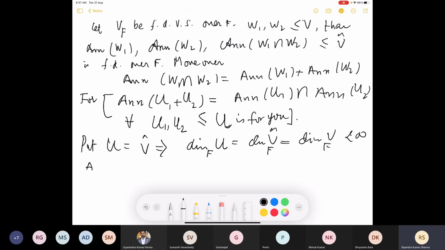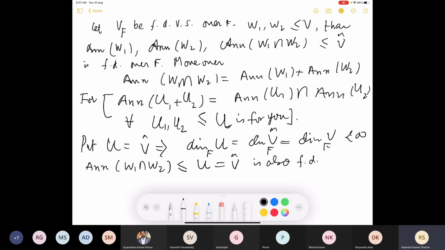The annihilator here, annihilator here, W1 intersection W2, this is in the space of V hat, which is also finite dimensional because V hat is finite dimensional.